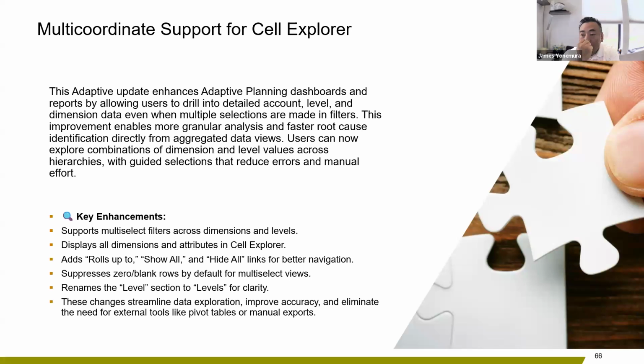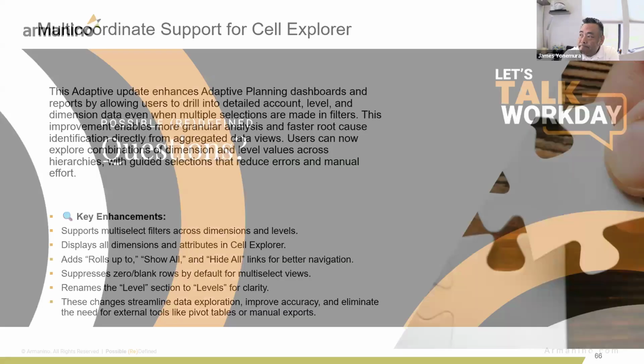Apparently this new feature will allow you to select those in a filtering way, so you can get down to that intersection much more efficiently. Currently, the way it works now is quite inefficient, so I'm looking forward to this feature as well. So these are 4 of the features I'm pretty excited about. There are probably about 10 to 15 features overall coming out for Adaptive, but these are the 4 I'm most excited about. That's it.